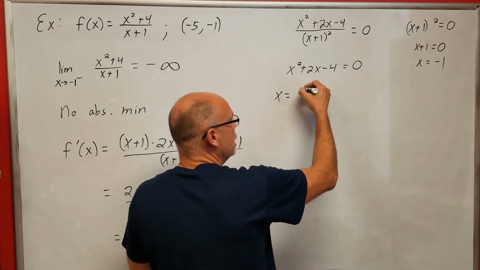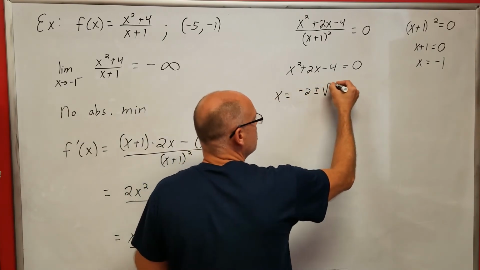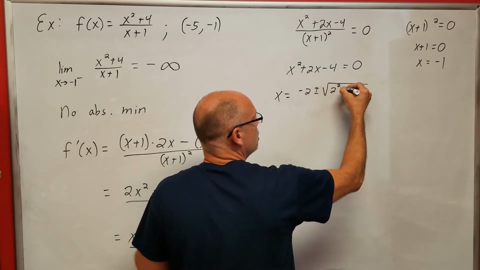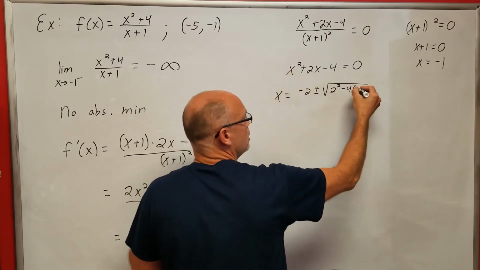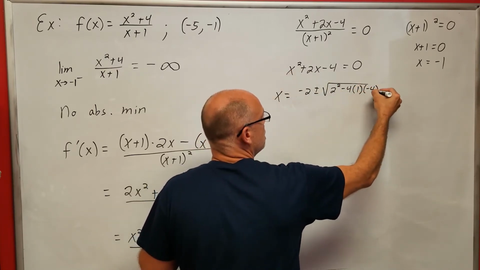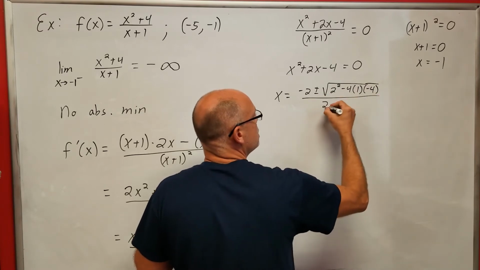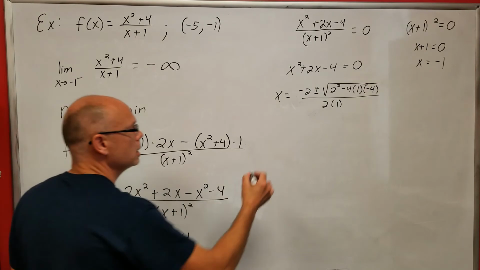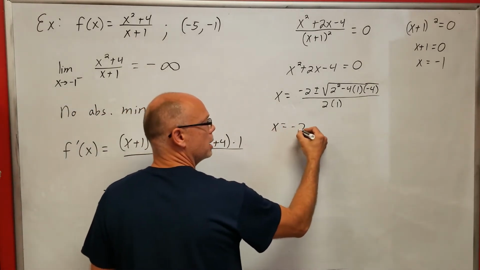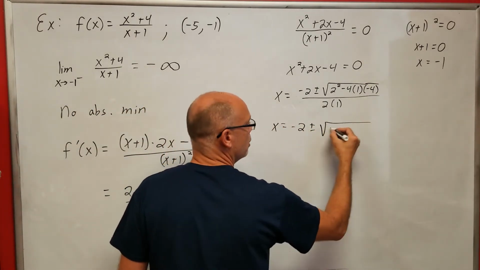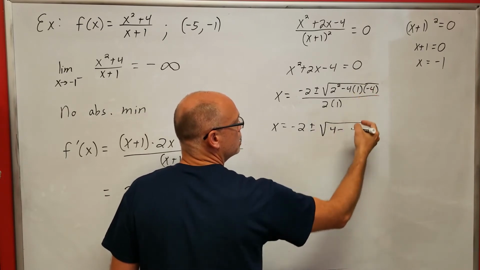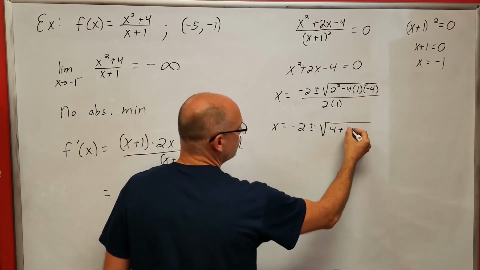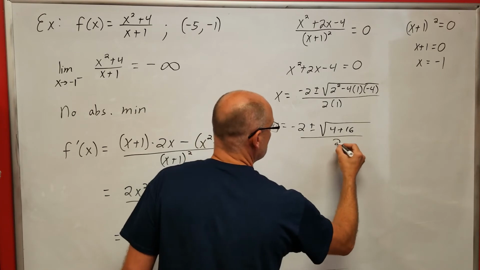X is equal to negative b plus or minus the square root of b squared minus 4 times a times c all over 2 times a. All right, let's clean this up. So x is equal to negative 2 plus or minus the square root of 4 minus, or plus I should say, 16 over 2.